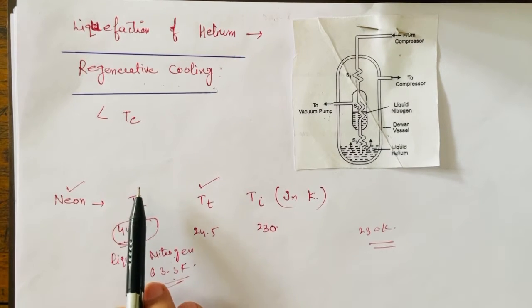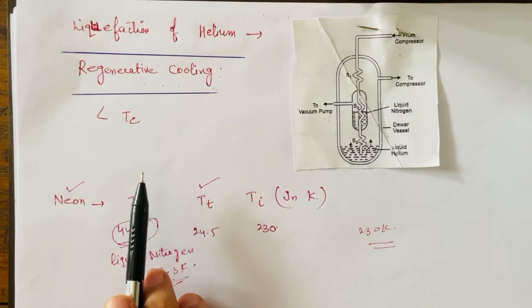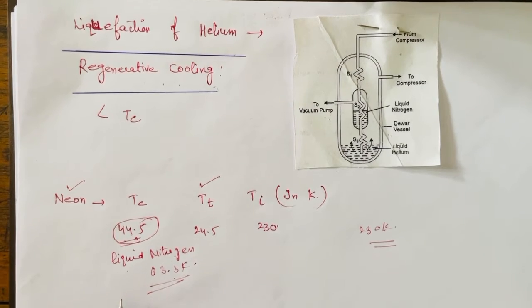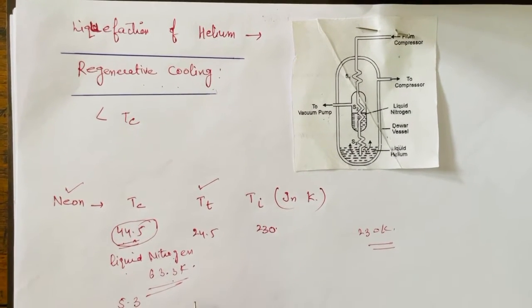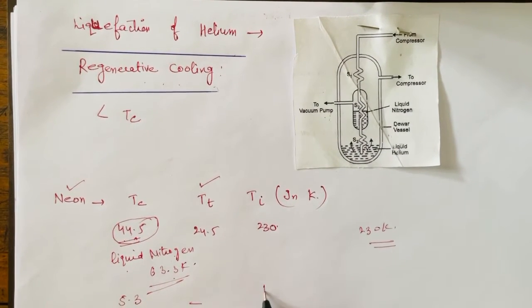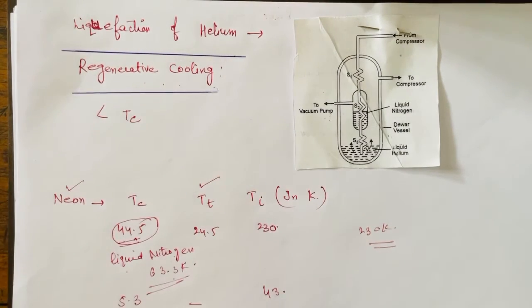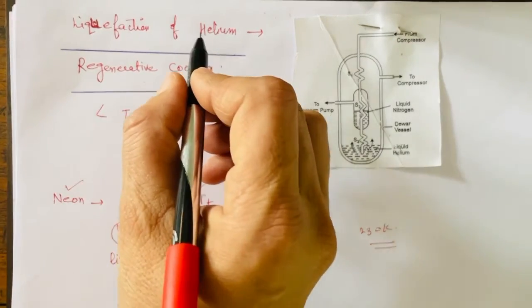The same is the case with helium. Helium has a critical temperature of 5.3 Kelvin and an inversion temperature of 43 Kelvin. If we want to cool it to a still lower temperature using the Joule-Thomson effect, this is called regenerative cooling, and also the liquefaction of helium.